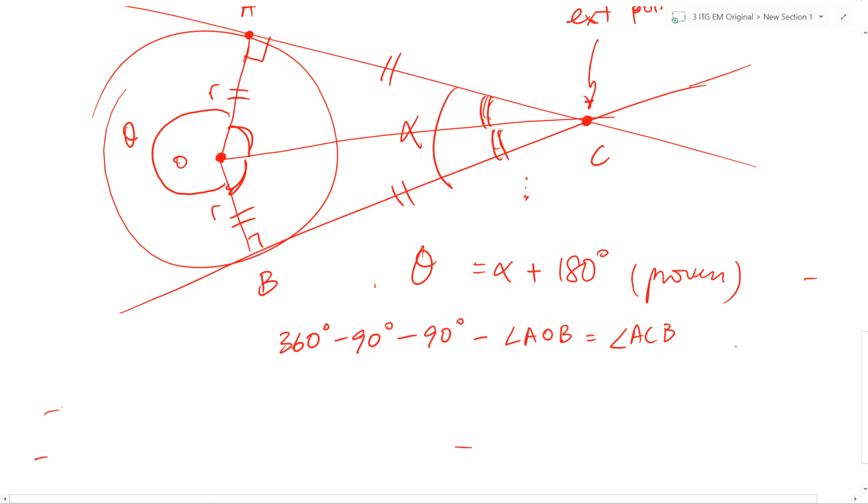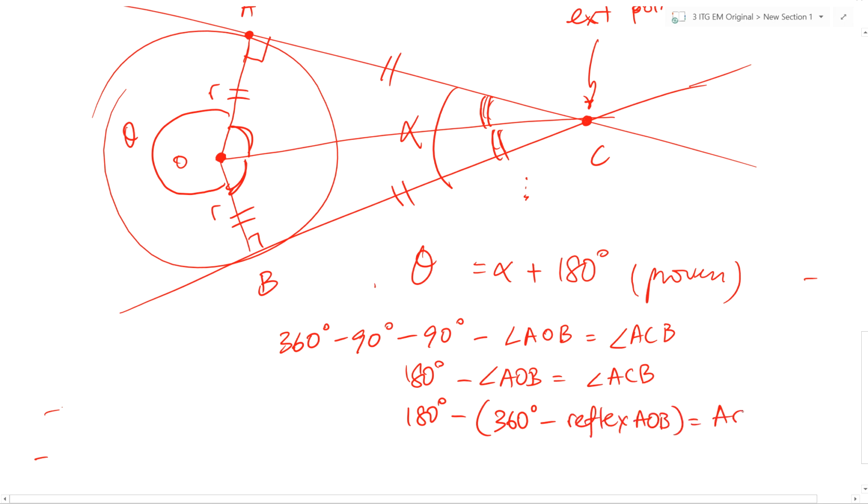Based on his first equation, we actually can get it already. 360 minus 90 minus 90, so I get 180 minus angle AOB equals angle ACB, right? Then we are trying to find theta, which is 180 minus AOB, which is 180 degrees minus (360 minus reflex AOB), which is ACB.